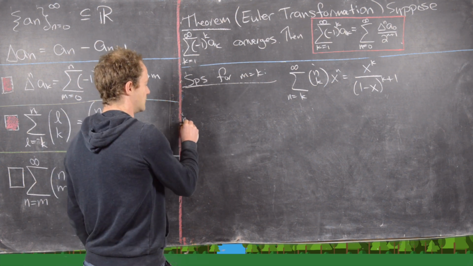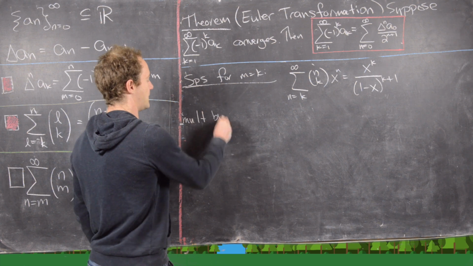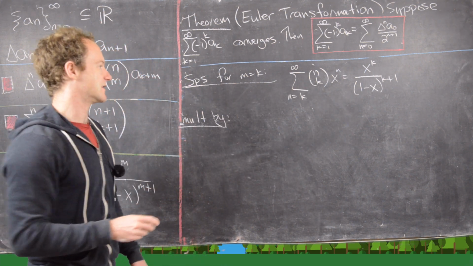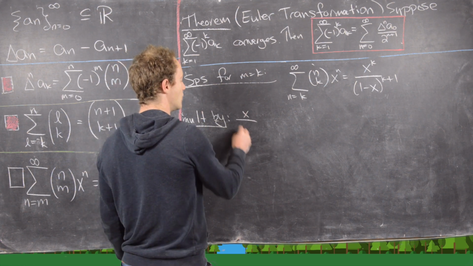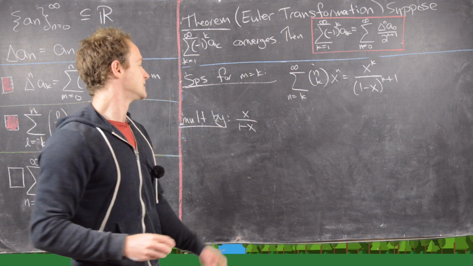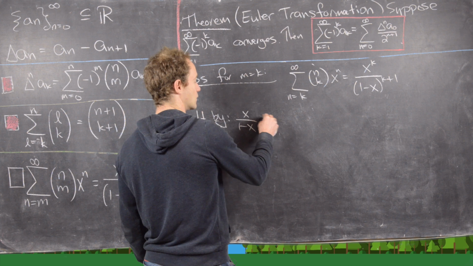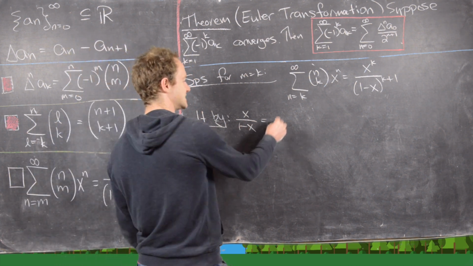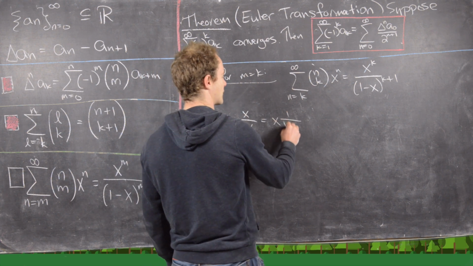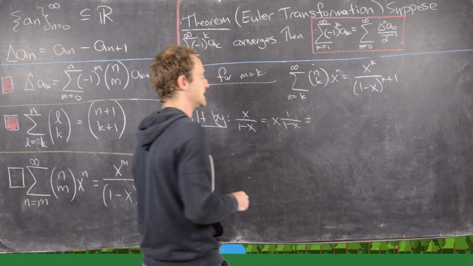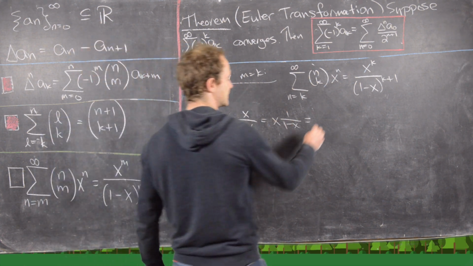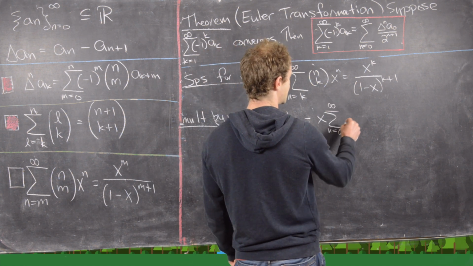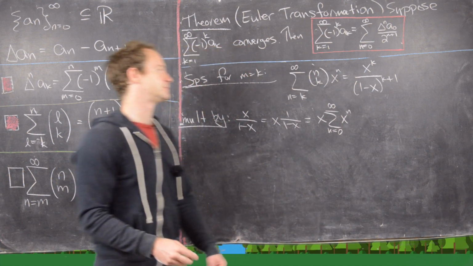So to turn the right-hand side into the right thing, we multiply by x over 1 minus x. But notice x over 1 minus x is the same thing as x times 1 over 1 minus x, and that's a geometric series, so that's the same thing as x times the sum n equals 0 to infinity of x to the n.